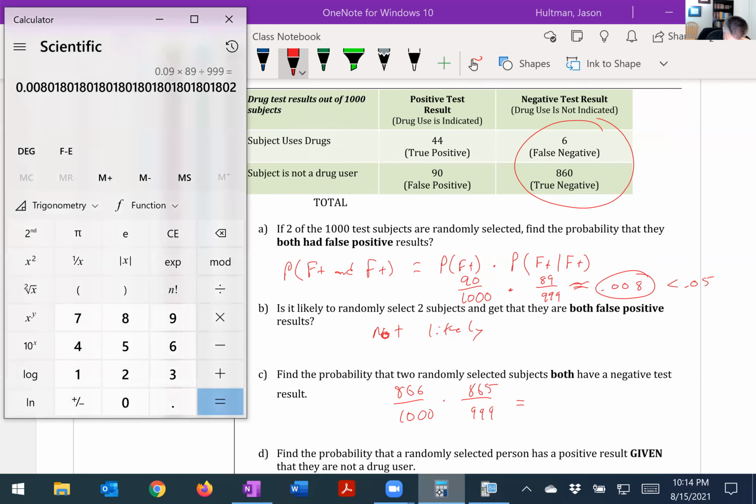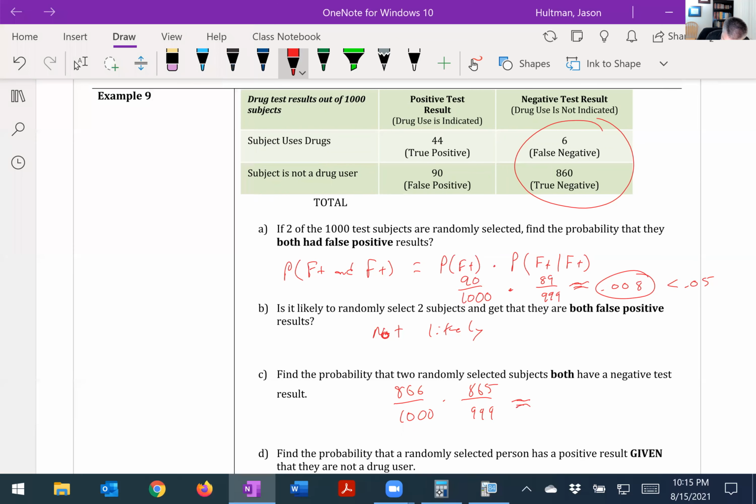So again, let's do this on the calculator: 866 divided by 1,000 times 865 divided by 999 is 0.749, roughly 0.75.